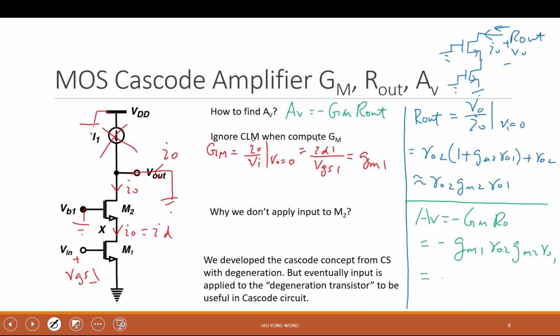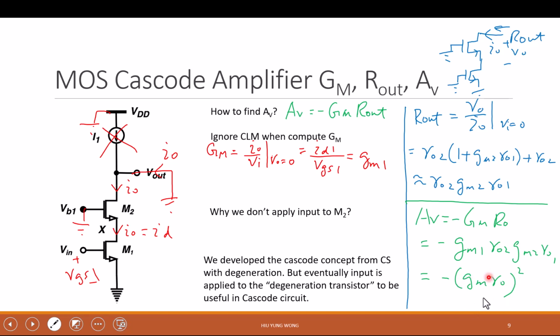If I assume GM1 and GM2 are similar, and they are similar actually, because transistor size will be similar and they have the same current bias, and the currents determine the GM, this is like GM RO squared, just an order of approximation.